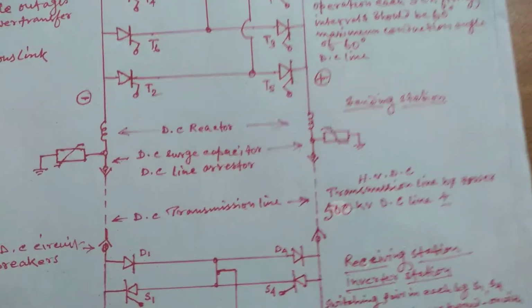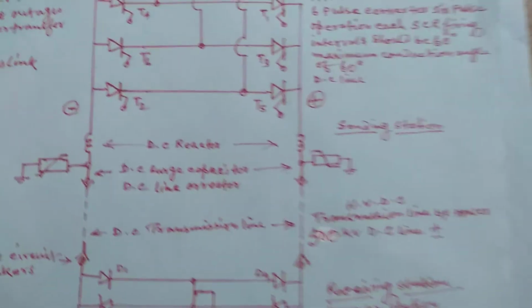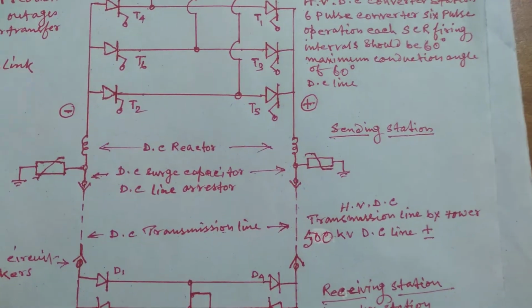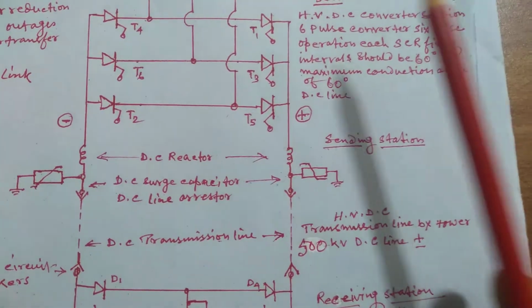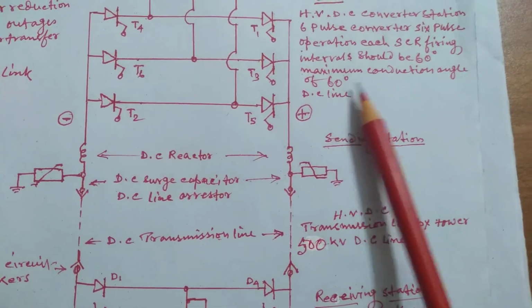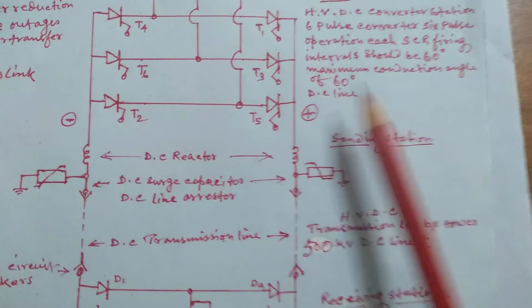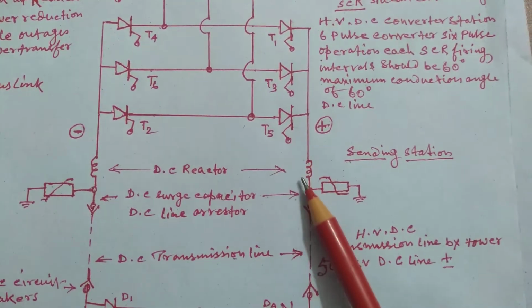In this operation there must be a firing angle, with a maximum conduction angle of 60 degrees. This is the output of the DC line.